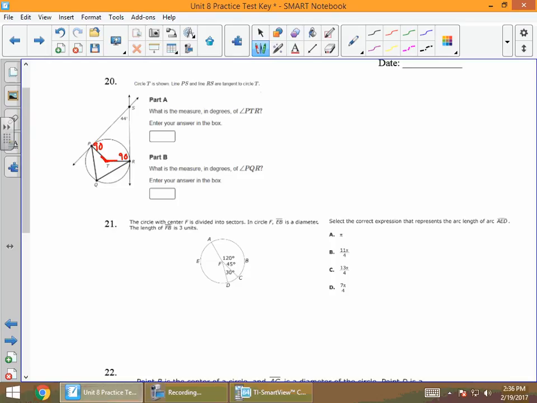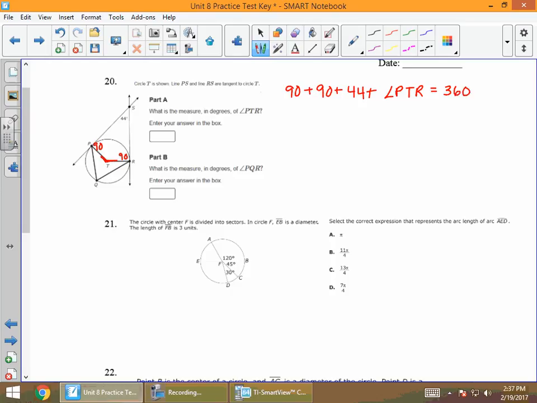Well, if you look at the figure SPTR, it's a four-sided figure, and I know that the sum of the angles of a four-sided figure has to be 360. So that means 90 plus 90 plus 44 plus angle PTR, whatever it is, has to add up to 360.